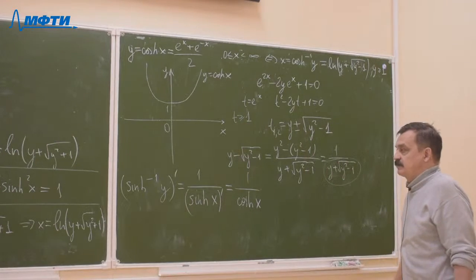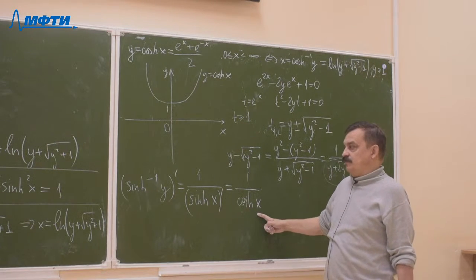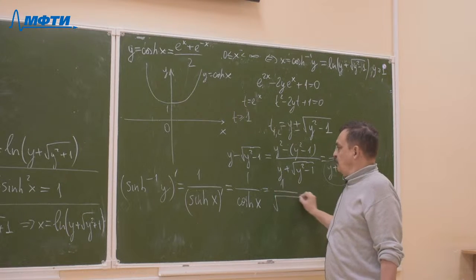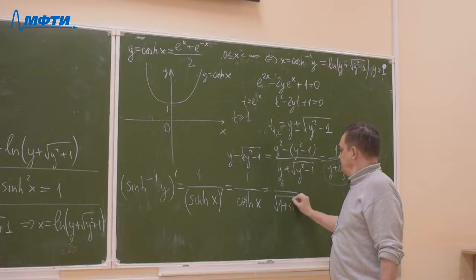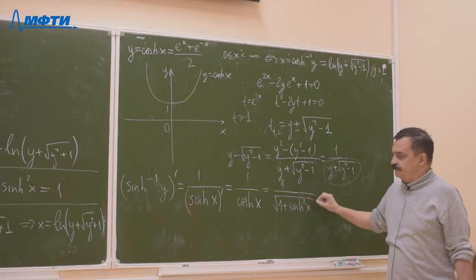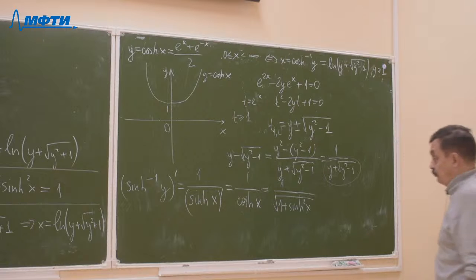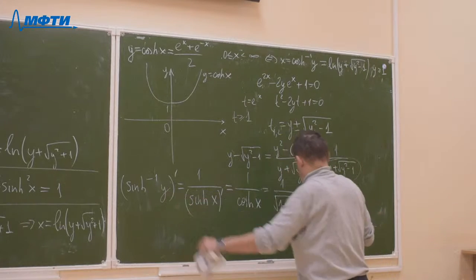So from this equality, cosine hyperbolic is square root of 1 plus sine hyperbolic squared, and sine hyperbolic x is y.